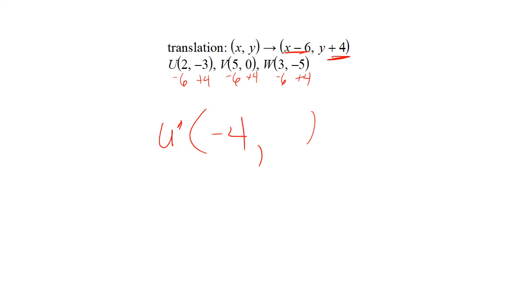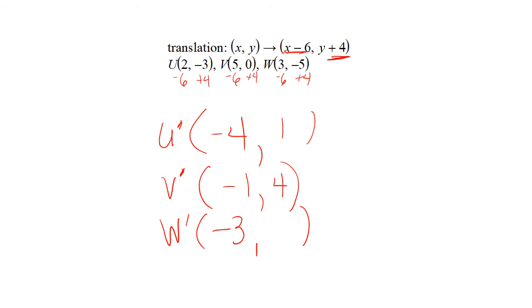Negative 3 plus 4 is positive 1. All right, V prime, 5 minus 6 is negative 1, and 0 plus 4 is 4. And now W prime, 3 minus 6 is negative 3, and negative 5 plus 4 is negative 1. There's the coordinates of the new triangle.